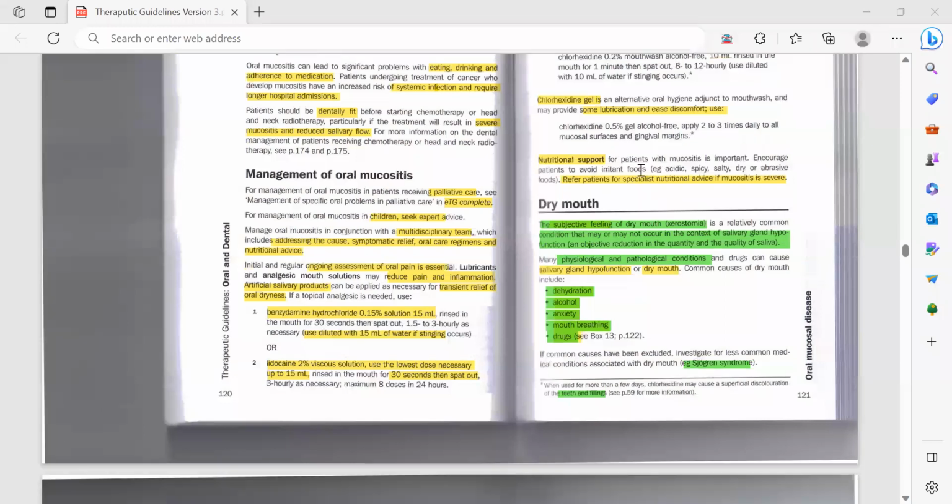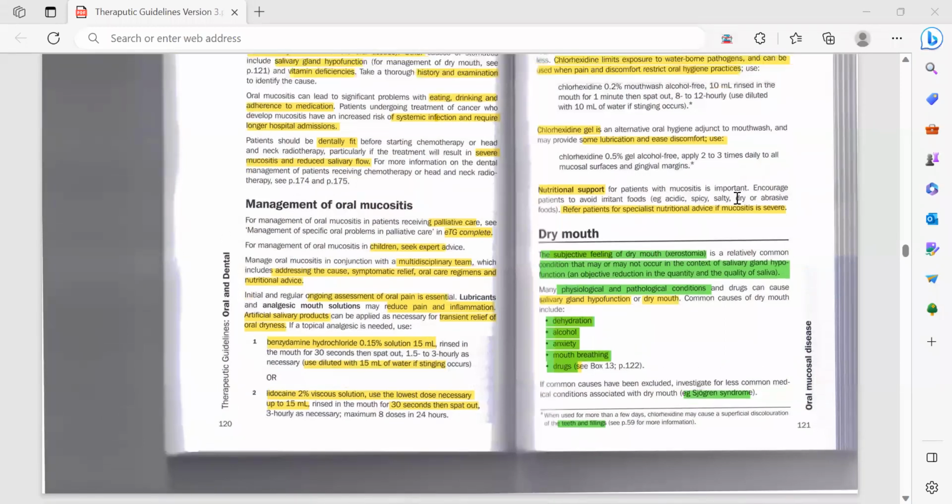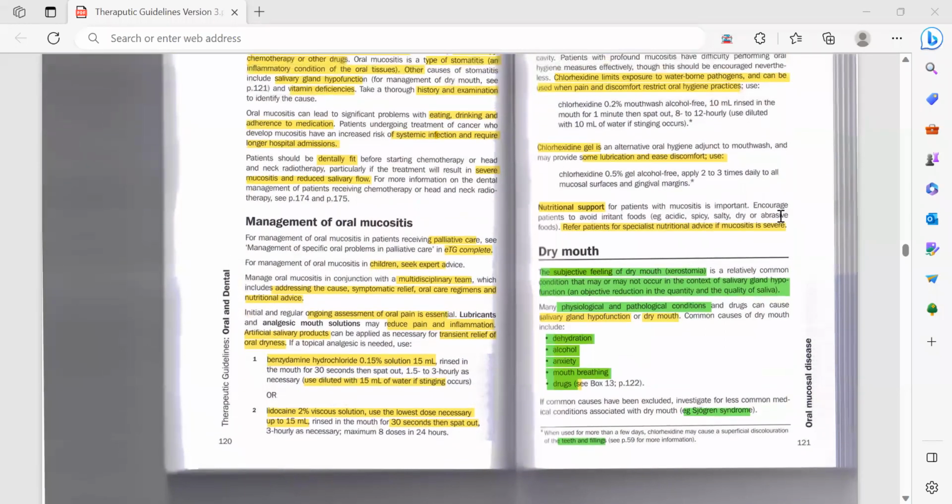Then nutritional support for patients with mucositis is very important, because they won't be taking anything, or they would be avoiding anything to eat. Encourage the patient to avoid irritant foods such as acidic, spicy, salty, dry, or abrasive foods. And refer patients for specialist nutritional advice if mucositis is severe.